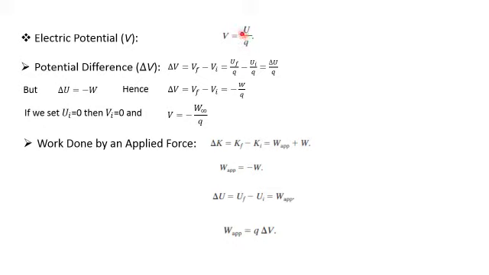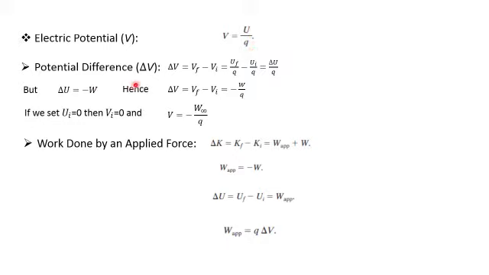It will be 2 times U. But the electric potential V, which is potential energy per unit charge, will remain the same. So electric potential V is independent of the charge magnitude Q, and electric potential energy U depends upon the charge magnitude.